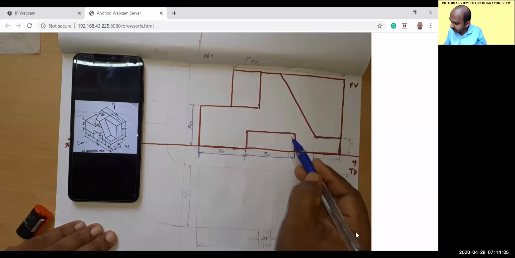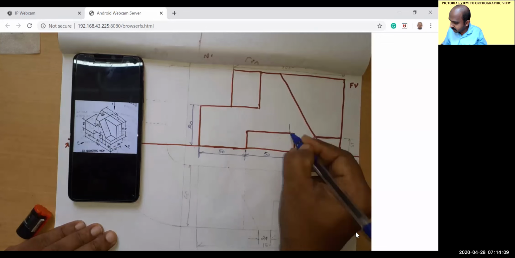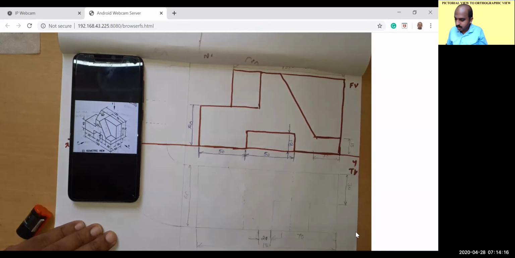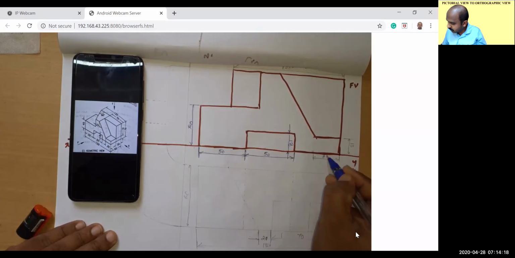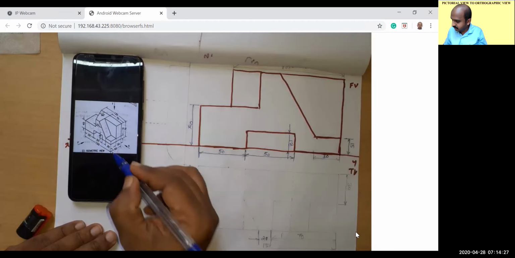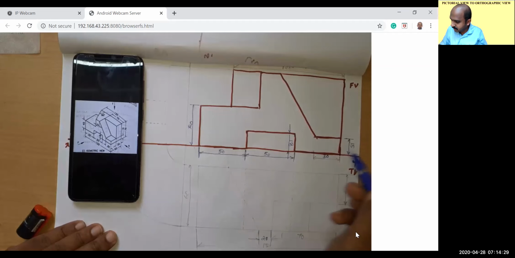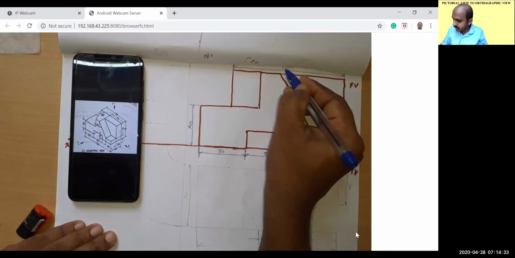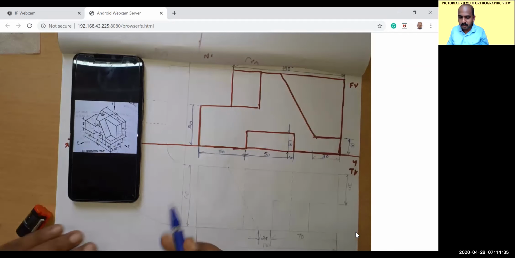This height is actually 18. Then this length is equal to 30. Then this height is equal to 15. Then this length is equal to 120.